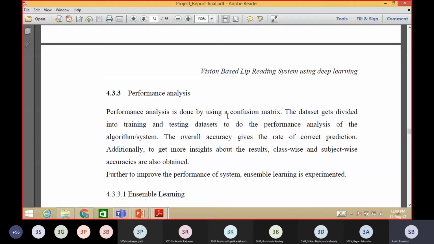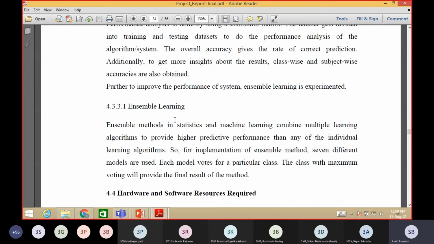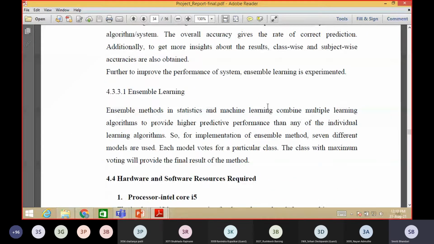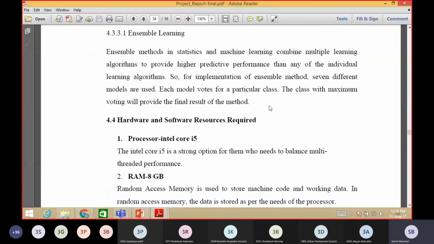Now see here how the performance will be analyzed, how the performance of the system will be evaluated. Something is written related to performance analysis of the system. Every detail related to the methodology that you have implemented should be provided in your project report.